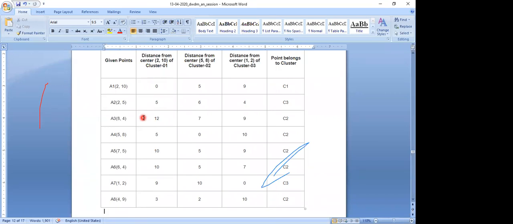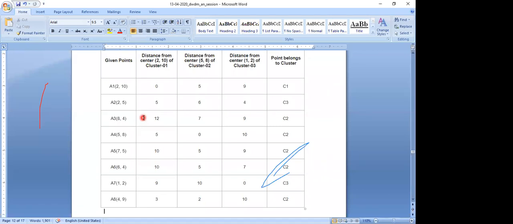Now we have to choose whether A1 belongs to C1, C2 or C3. For that we need to check the distance. Here for A1 we got the value 0. Whose distance is lowest? A1's distance is lowest at cluster 1. So we have to move A1 to cluster 1.